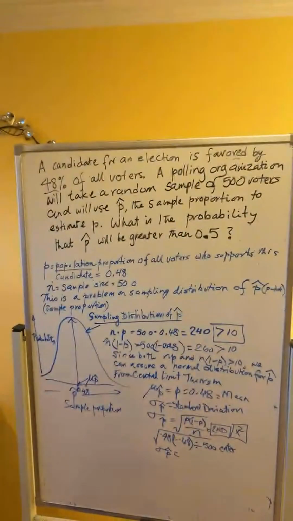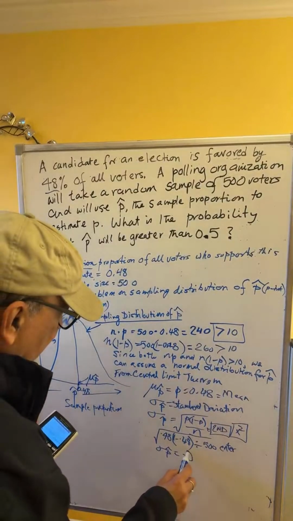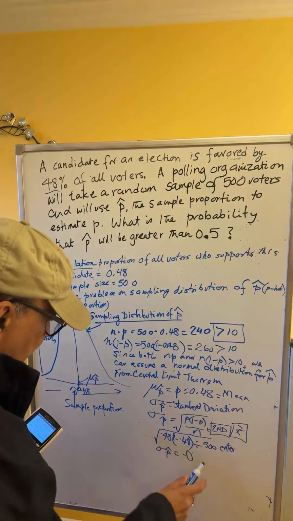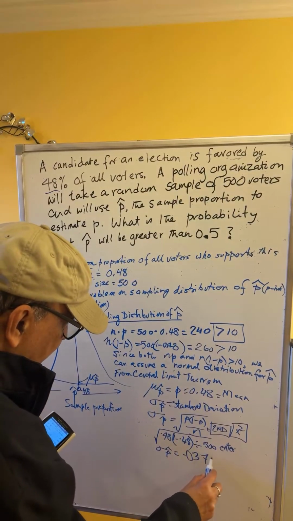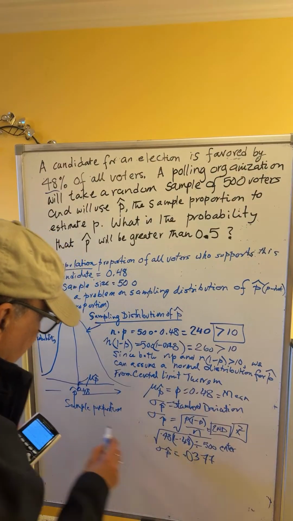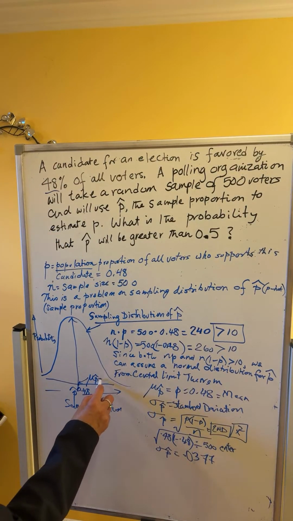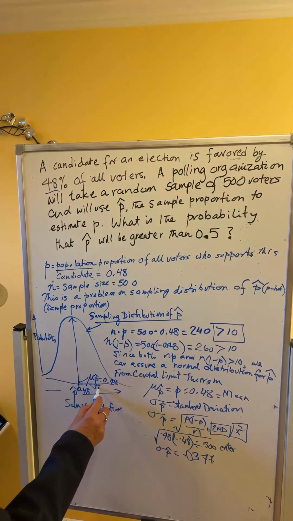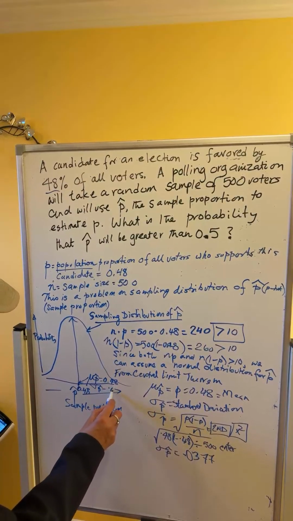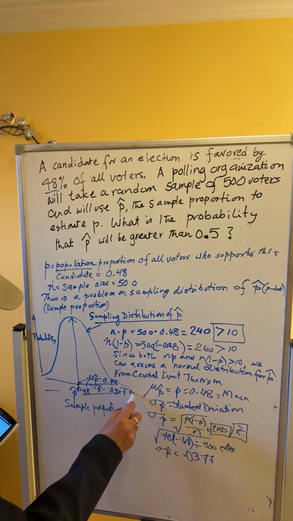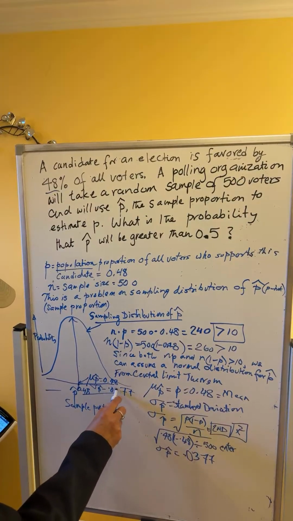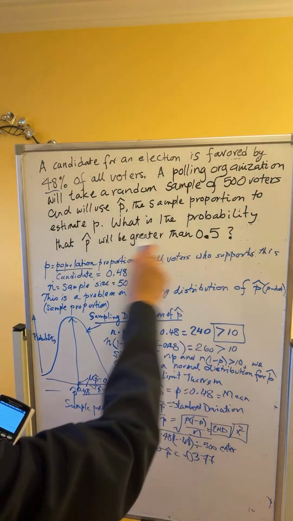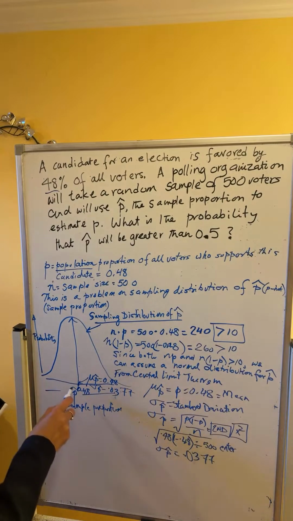And it is 0.0377. So mu p hat is 0.48. Sigma p hat, the standard deviation of this distribution, is 0.0377.